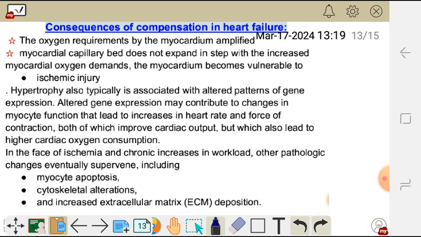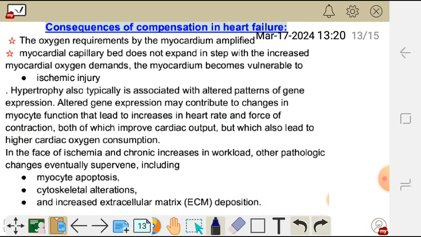Then apart from that, hypertrophy also typically is associated with altered patterns of gene expression. So we have increased formation of new sarcomeres in the myocardium, and since we have an increase in formation of new sarcomeres, we might have altered patterns in gene expression. These altered patterns can contribute to change in myocyte function, and that can lead to increased heart rate and force of contraction.